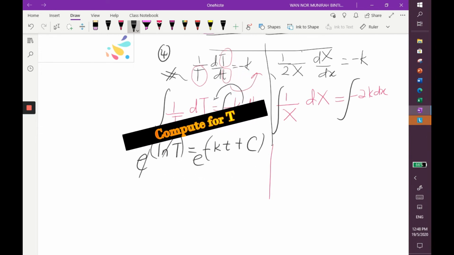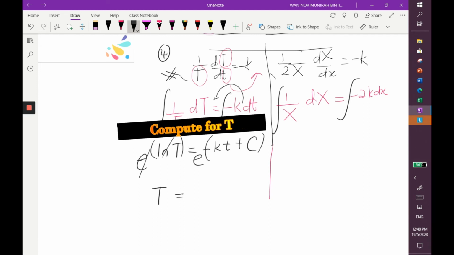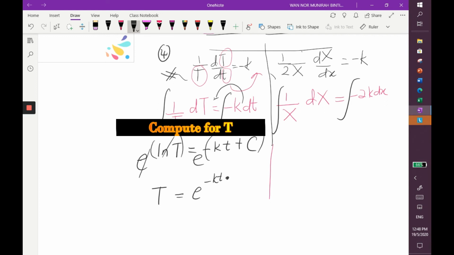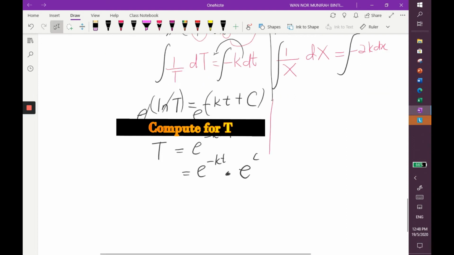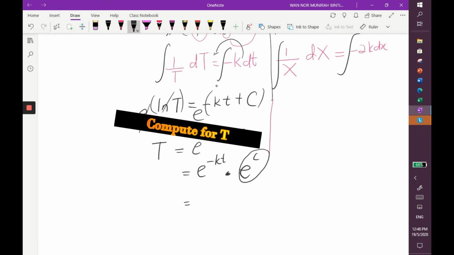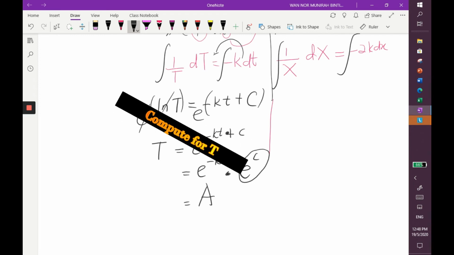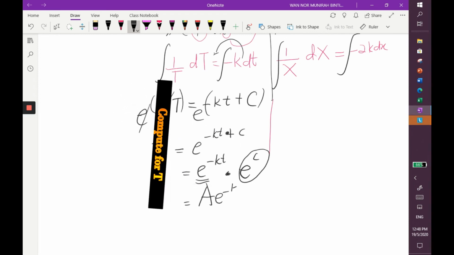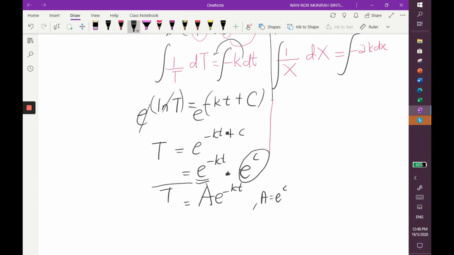Exponent and natural log cancel, so you just have t equals to exponent of negative kt plus c, which equals exponent negative kt times e to the c. We learned this during our form 4 high school. Exponent c I just write as a, and e negative kt stays e negative kt. So this is my solution where a equals to exponent c. So that is t.